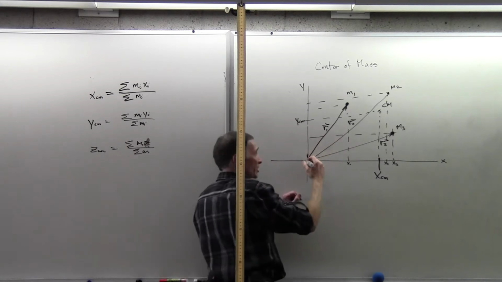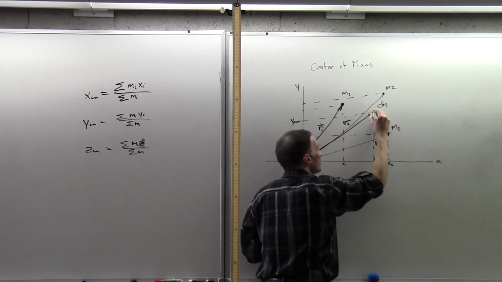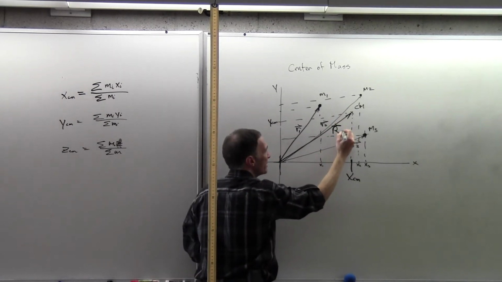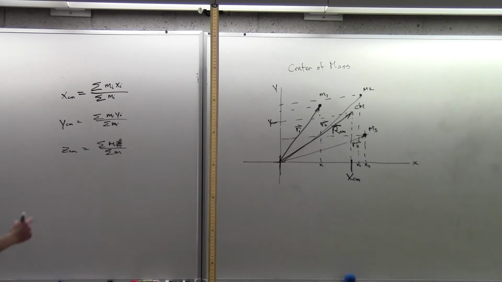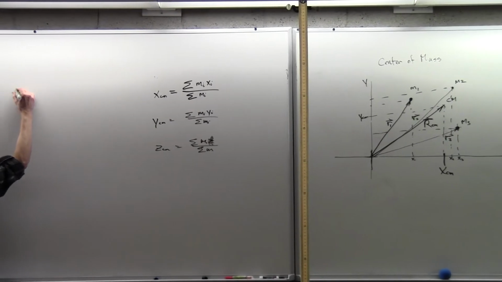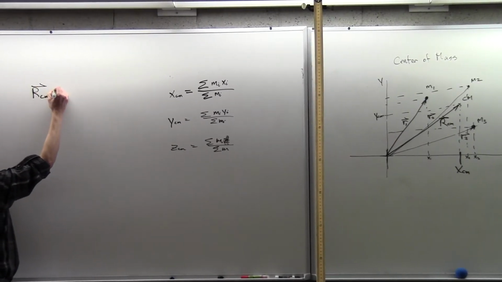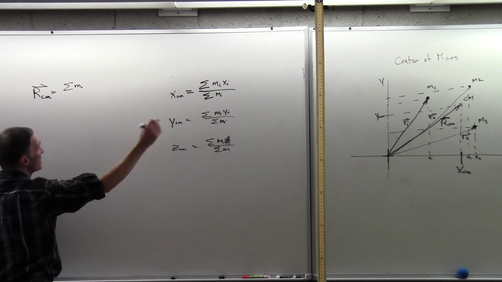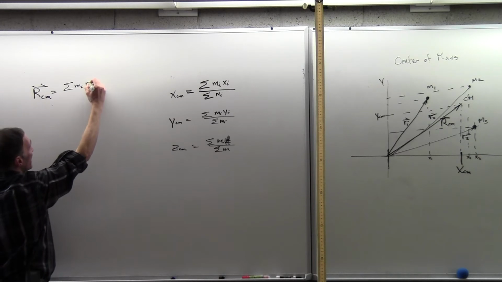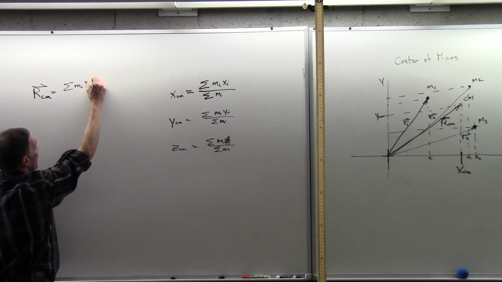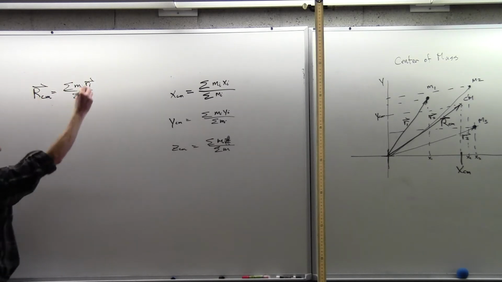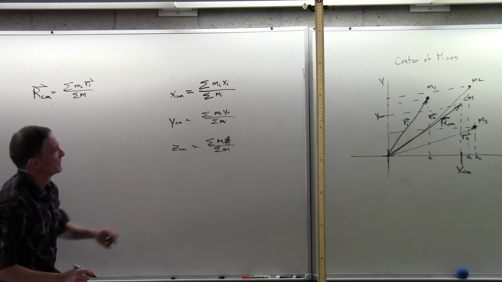And this is the position of the center of mass, and let me use a big capital R for that. That will be R, and I'll put its center of mass. And so we can say that the R center of mass is equal to, very similar to this, the sum of all these individual pieces, but instead of x, y, and z, we can put them in component form and go R sub I, take that as a vector, all over the total mass. So in a sense, this summarizes all three of these steps.